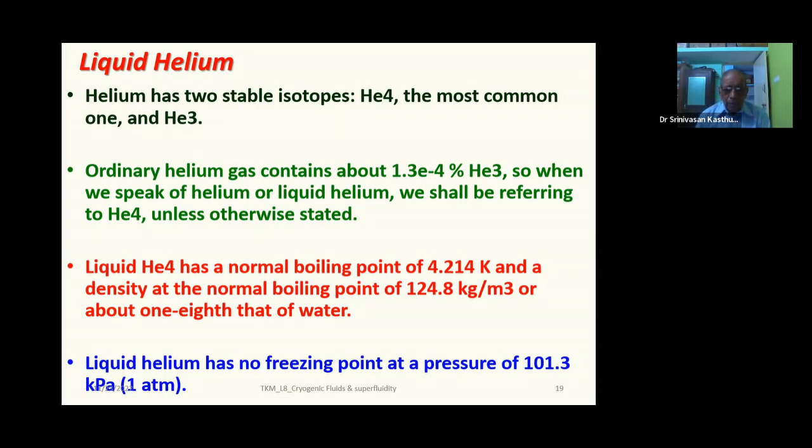It does not freeze like other liquids, whereas all the other liquids have a boiling point and a freezing point. Helium does not have a freezing point at a pressure of 101.3 kilopascal or 1 atmosphere, but it undergoes a transition from one liquid state to another liquid state, that is, from a normal liquid to a superfluid liquid.